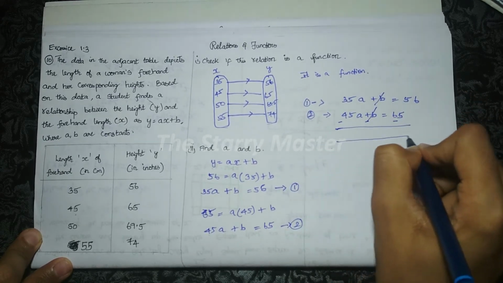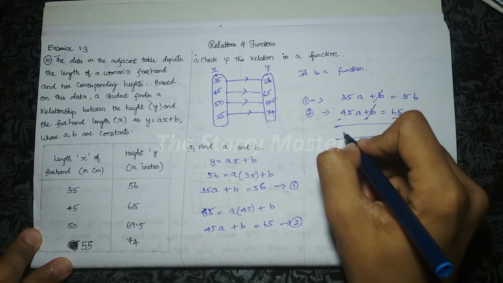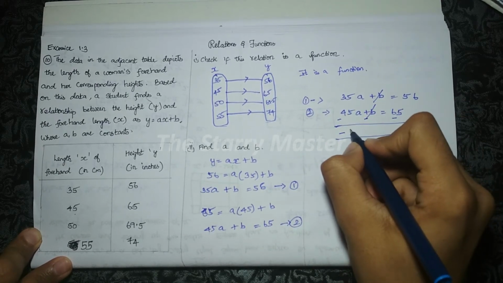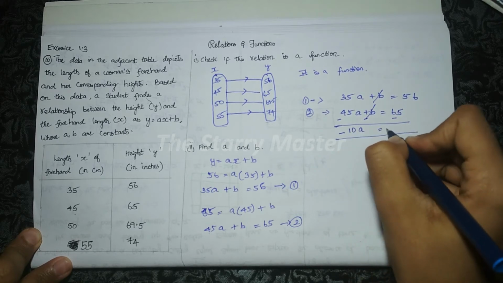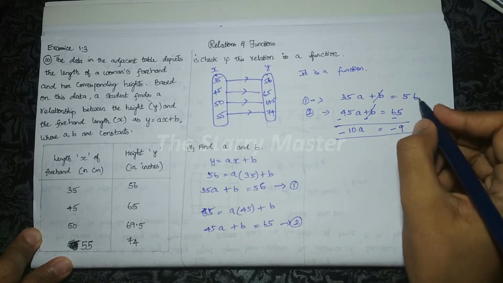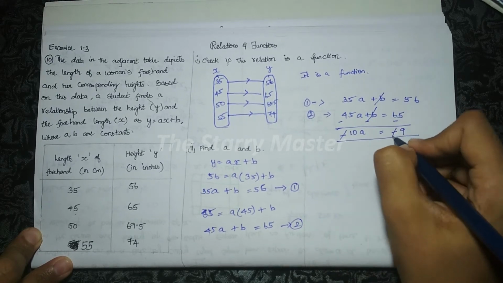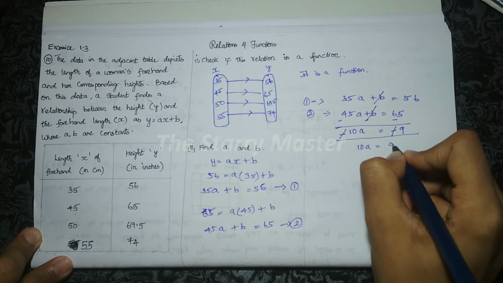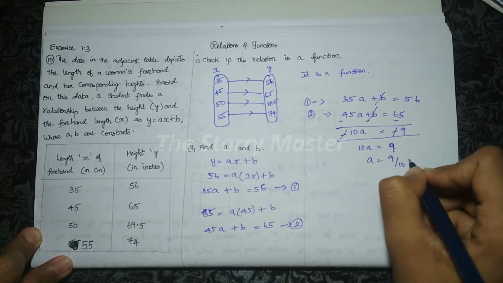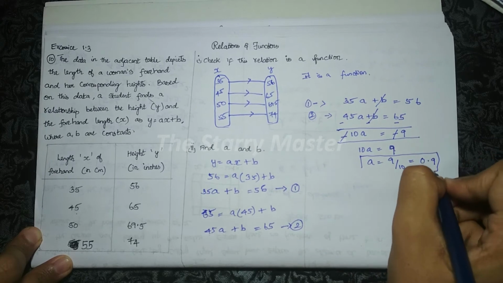Remaining: 45a minus 35a, so 10a, equal to 65 minus 56, which is 9. So 10a equal to 9. So a equal to 9 by 10, equal to 0.9. We have found a equal to 0.9.